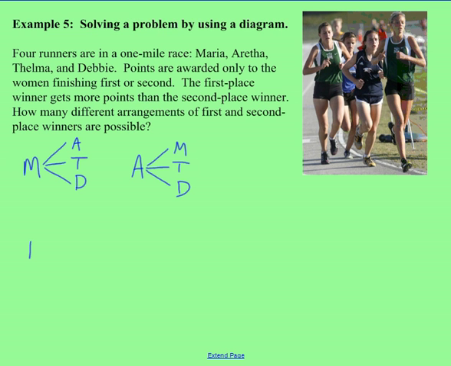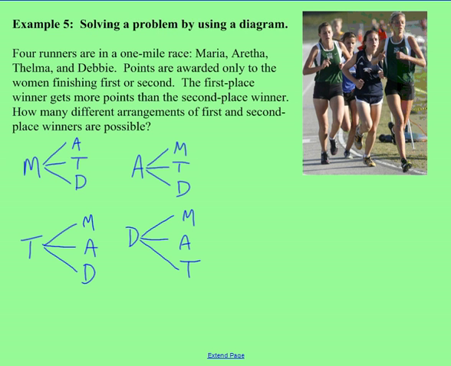Then, if Thelma comes in first, there's going to be 3 ways for her to do that, because Maria could be second, Aretha could be second, or Debbie could be second. And finally, if Debbie comes in first, Maria could be second, Aretha could be second, or Thelma could be second. So it seems like there are 3 different ways that each girl can come in first place.